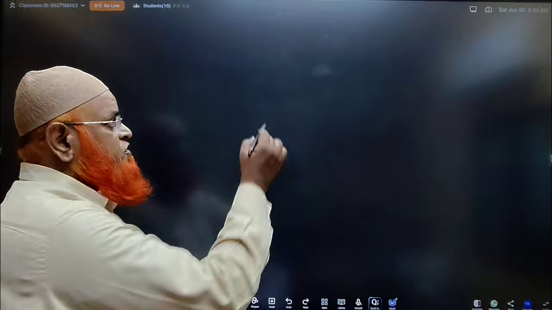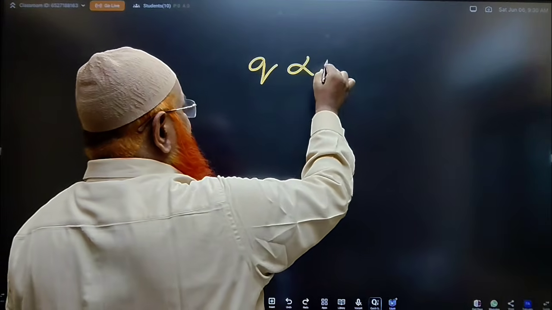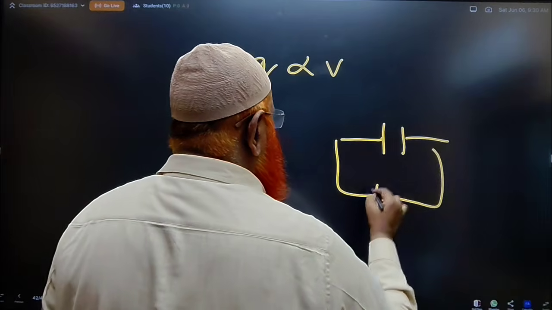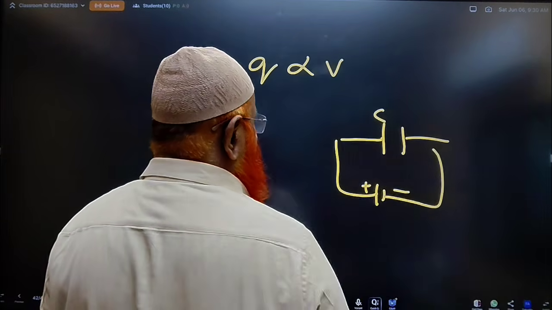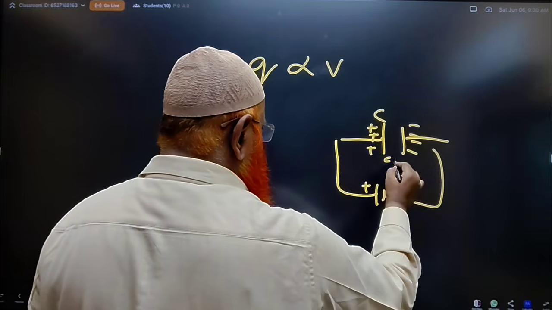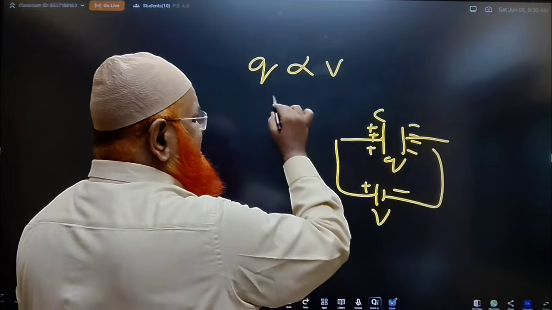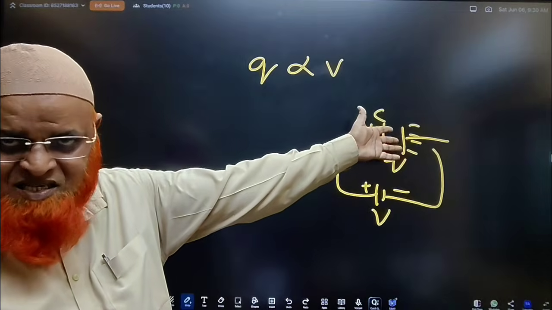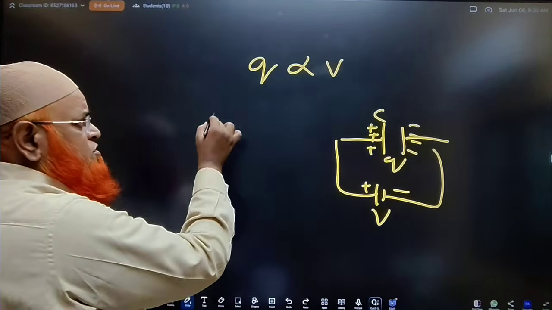Next, capacitance. Q is directly proportional to potential. Take a capacitor with one battery connected, positive and negative. This is a capacitance, of a capacitor which has positive charge and negative charge. Charge is Q. Charge is directly proportional to potential. The greater the potential, the larger the charge in the capacitor. Q is equal to CV.